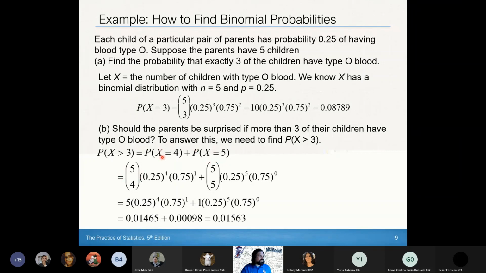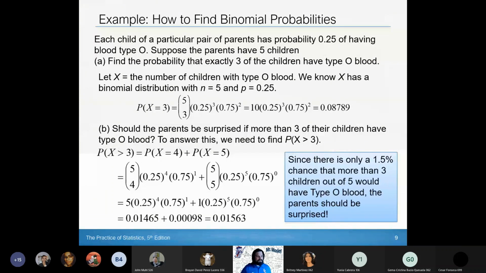So we add these probabilities, and we get all this math, which results in 0.01563, about 1.5%. Since there is only a 1.5% chance that more than 3 children out of 5 would have blood type O, the parents should be surprised. So we're using this result to justify our answer.